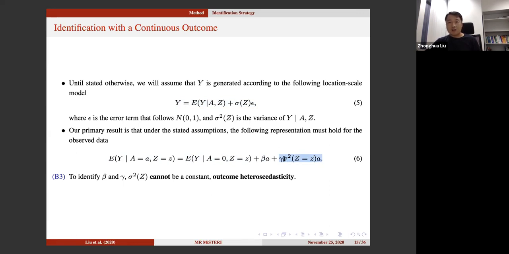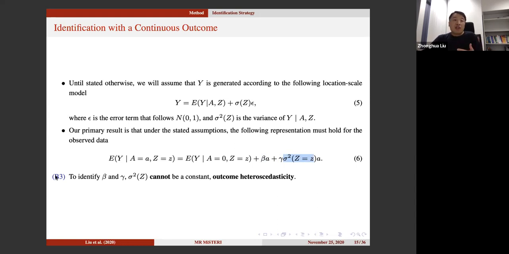And the bias has this form: gamma times the variance of the outcome Y conditional on Z. So if this sigma square is a constant, meaning no outcome heteroscedasticity, we cannot identify beta and gamma. Think about this being just 1. Then it is beta plus gamma times A, so you can never tease apart beta and gamma. They go hand in hand. To tease beta and gamma apart, this sigma square conditional on Z cannot be a constant. It must change in Z.